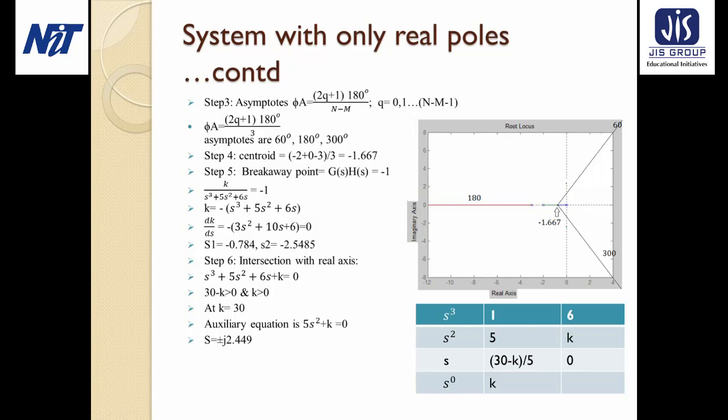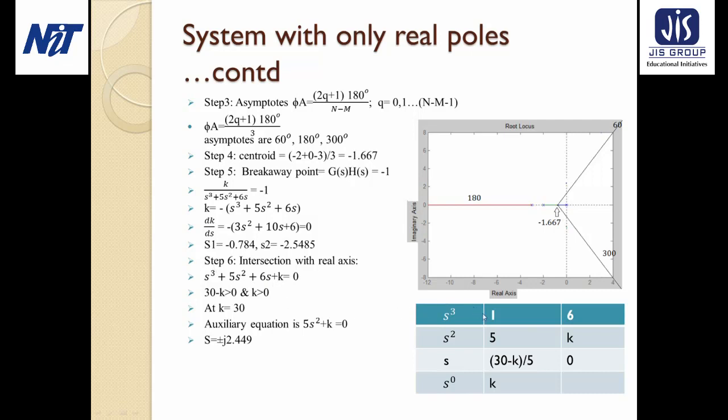So next we need to find the intersection with the imaginary axis. For finding the intersection with the imaginary axis, we use the RH criteria table. From the equation 1 plus G(s)H(s) equal to 0, we can write the characteristic equation: s cubed plus 5s squared plus 6s plus K equal to 0.